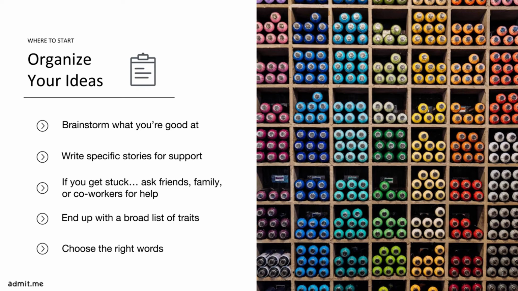That is actually a trait of resourcefulness, which would be an amazing trait for medical school, right? Medical schools are looking for people that can think outside the box, that can think on their feet, that are very resourceful with what they have. So you turn something that may not be a great fit into something that is a great fit just based on your word choice and how you framed that character trait.